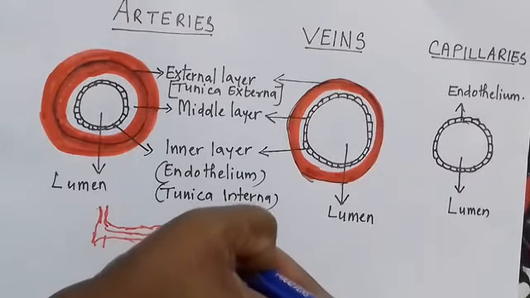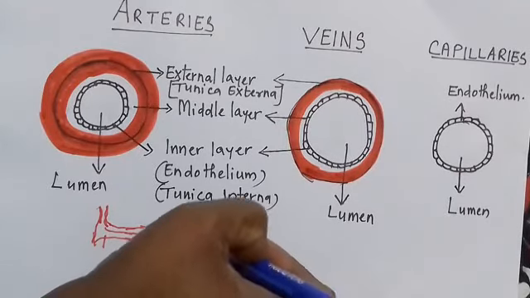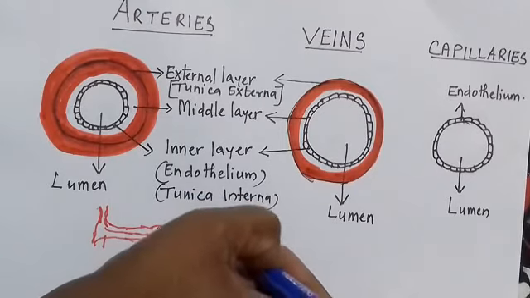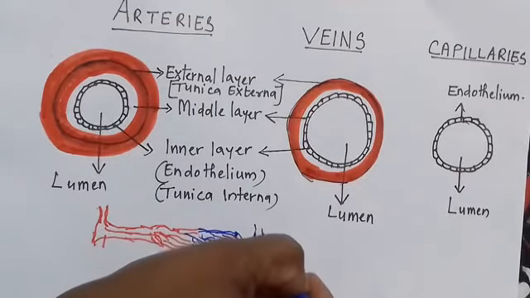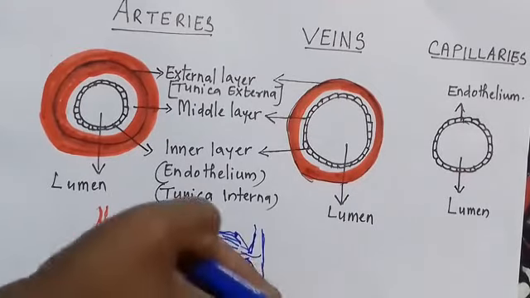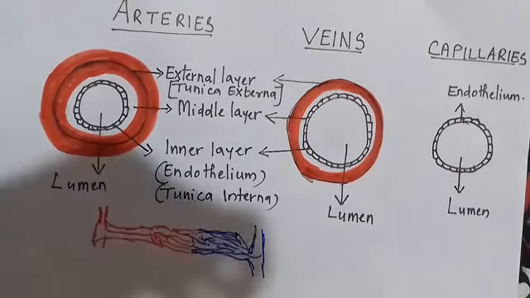The capillaries form a network, then the venules unite, and venules form veins. They progressively unite and become bigger.